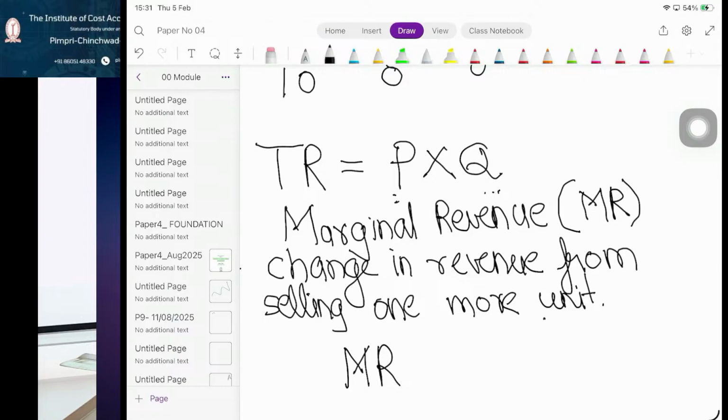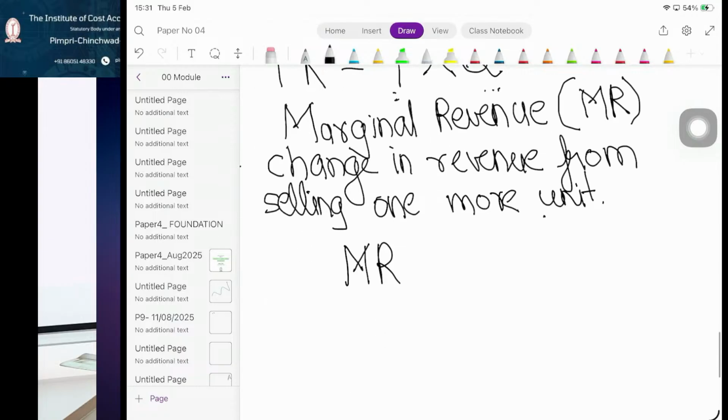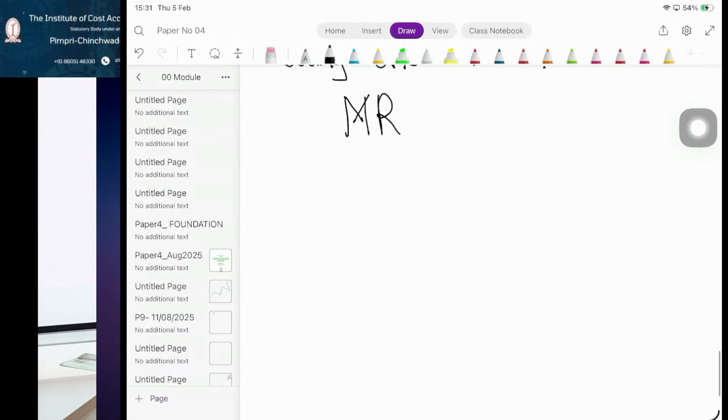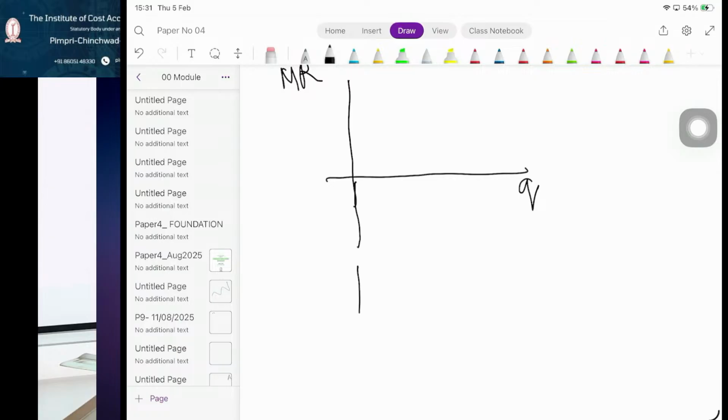And if you draw the graph, I want you all to draw this graph. Two graphs you want to draw. These are very important graphs: marginal revenue and quantity, and also total revenue and quantity.